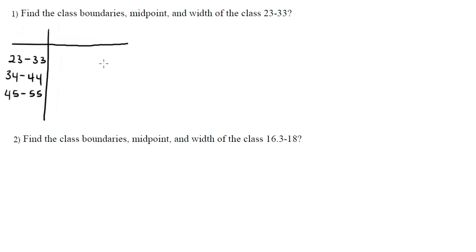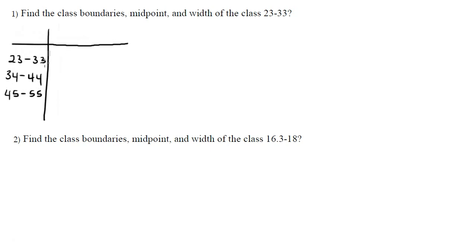If I'm tallying these values, you see there's a gap between 33 and 34. One of my values might be a decimal, might be 33.4, right? And I can't account for that with these intervals as they're set, with these classes as they're set.